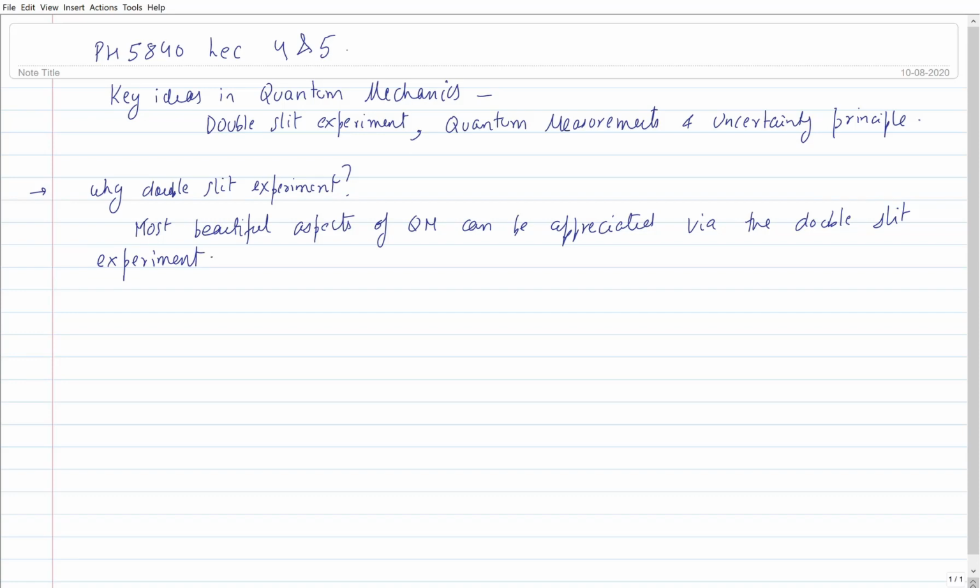We will also get the glimpses of quantum cryptography.